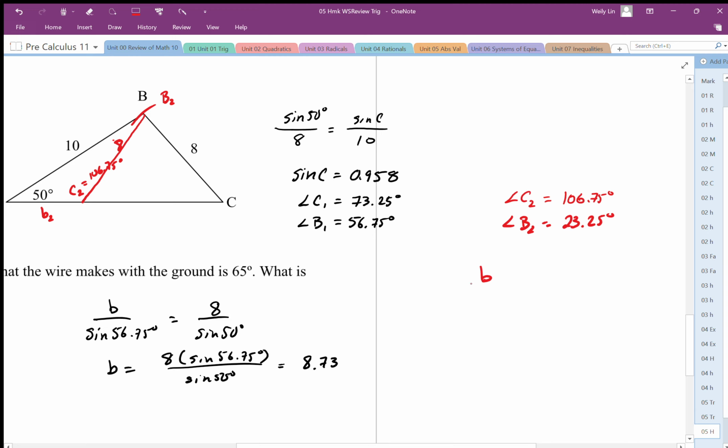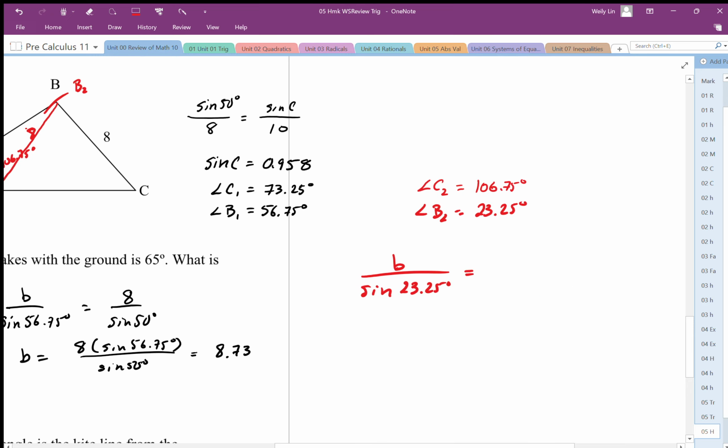So B over sine of that angle opposite, 23.25 degrees, is equal to, and I'm going to take the same pairing, the pair of 8 in its opposite angle, 50 degrees. So my B2 value, the side length, is going to be 8 times sine of 23.25 over sine of 50 degrees.